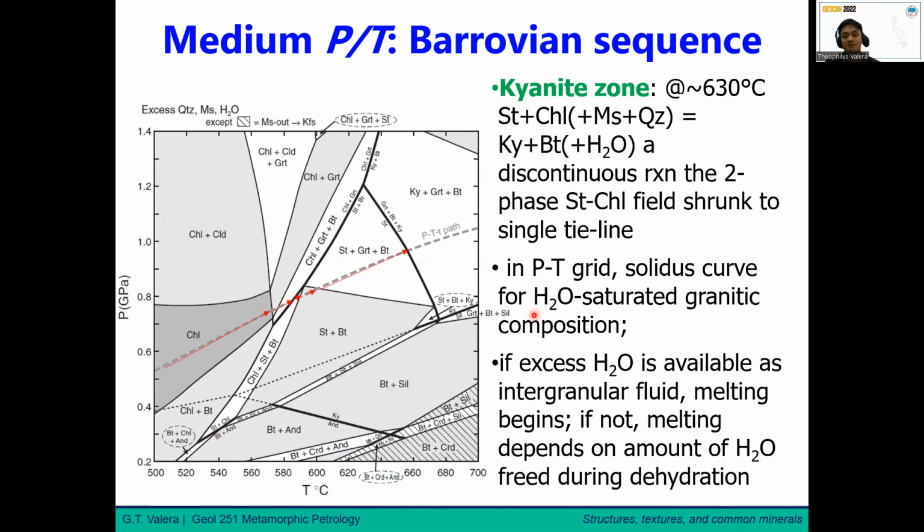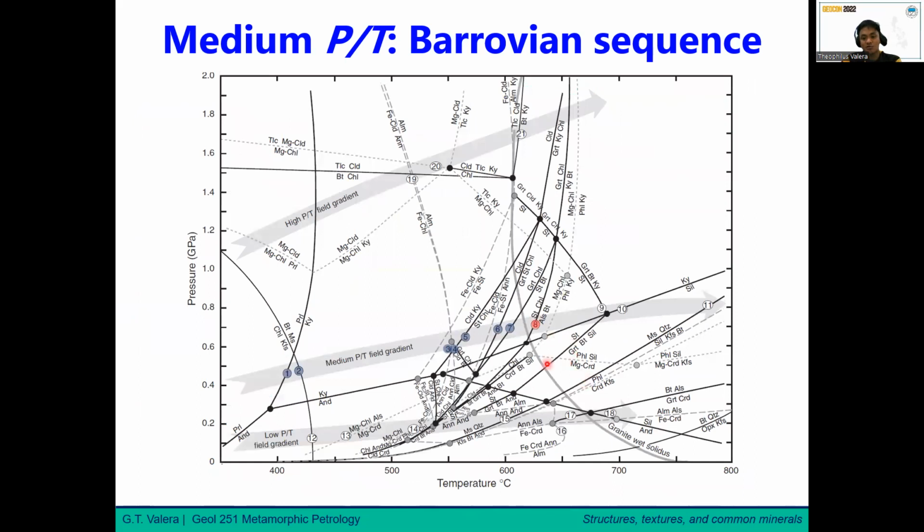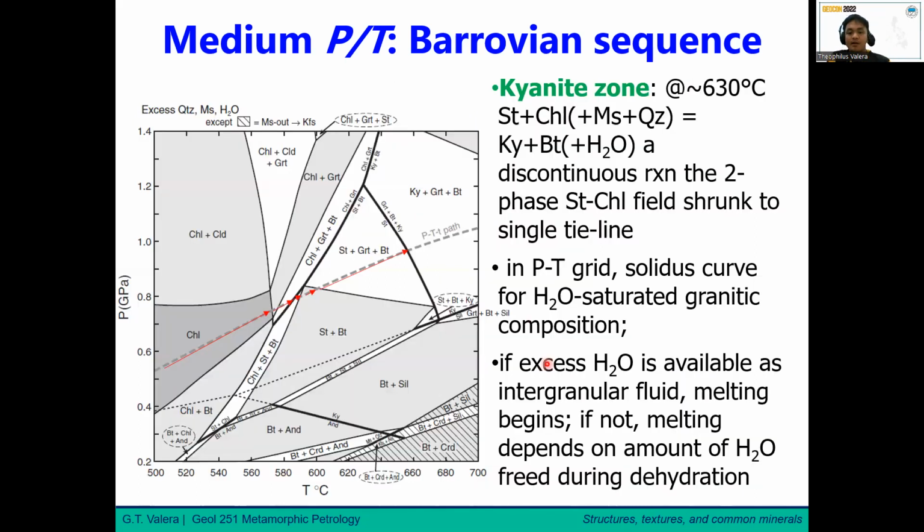If that is the case, hindi mag-melting yung rocks natin kasi wala namang tubig in the first place. I think this is the wet granite solidus, meaning you have water interstitial. Okay? Melting, however, may still be possible in fluid-absent rocks above the solidus, but the amount of melt generated depends on the amount of water liberated by the dehydration reactions and made available to enter the melt.